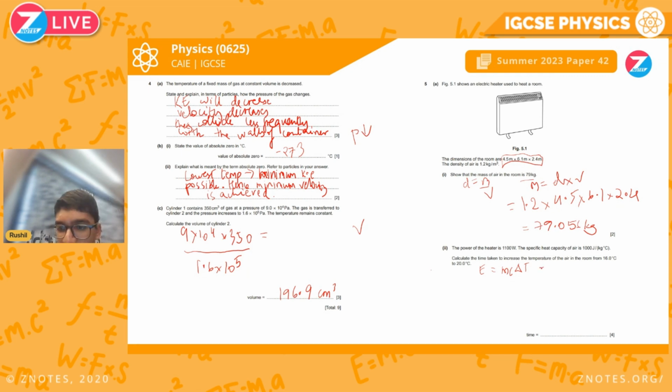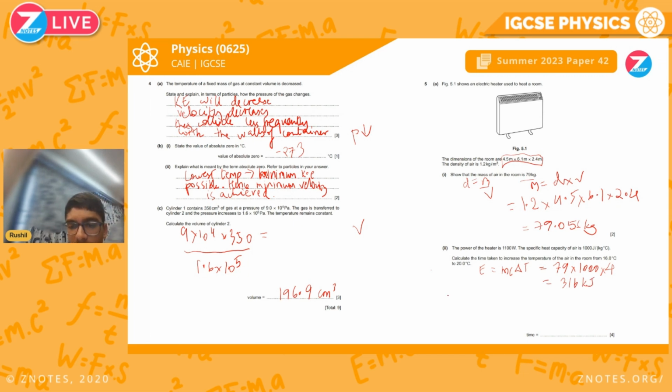So here the energy required to heat up all this air is 79, which is the mass, into 1000, which is the specific heat capacity given, into 4 degrees, because it's 20 degrees minus 16 degrees, that's the change in temperature, into 4, which is 306 kilojoules.